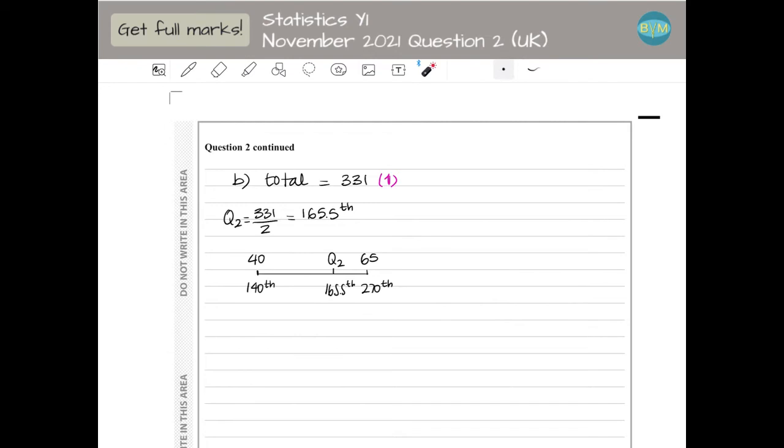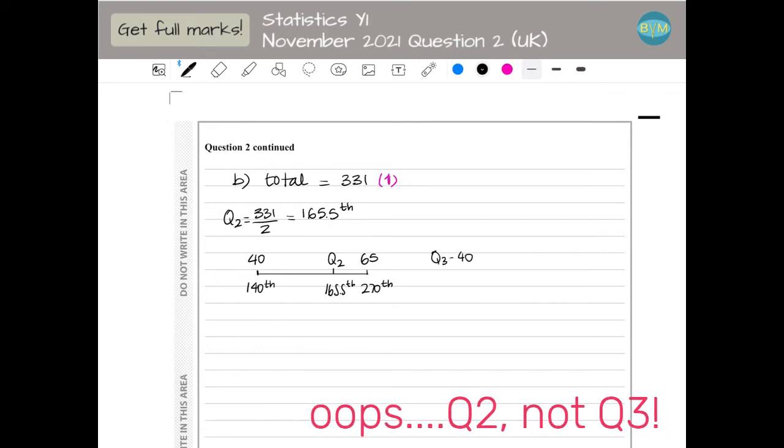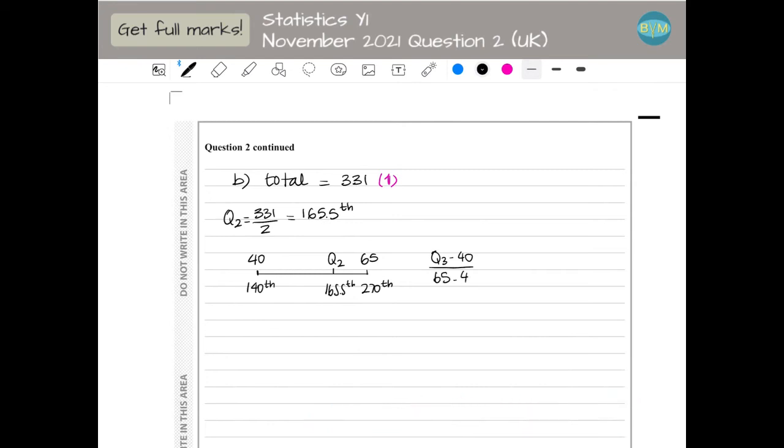So in one side, remember, I have the order, and in one side I have the values. And now I apply interpolation. That means that the proportion between this difference divided by this is going to be the same as this one divided by this. So on the top I have Q2 minus 40, the distance between Q2 and 40, divided by 65 minus 40, so the big distance is the same as the difference between these two and these two.